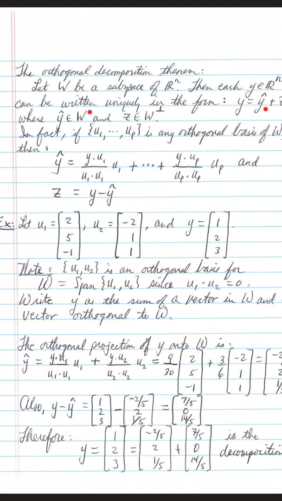Y hat is in subspace W, z is in the orthogonal complement of W. In fact, if u1 through up are an orthogonal basis of W, then y hat can be computed with the following dot products and multiplication: y dotted with u1 over u1 dotted with itself, times u1, and so on all the way through the p-th vector. z is denoted as y minus y hat.